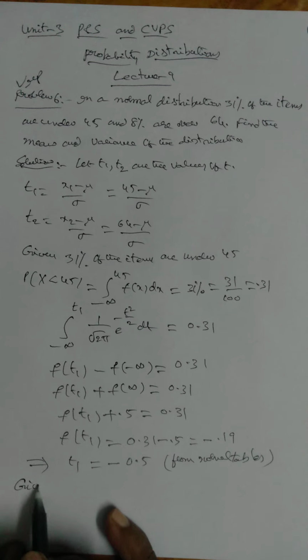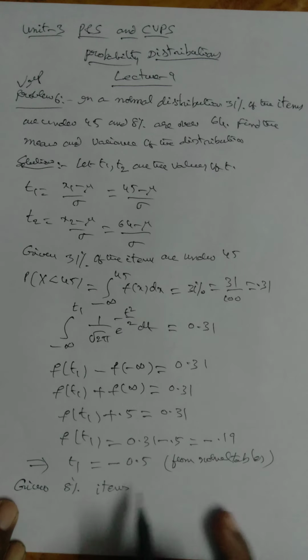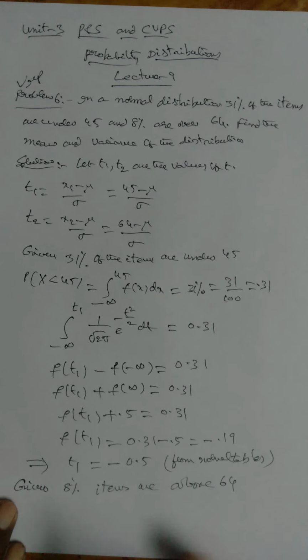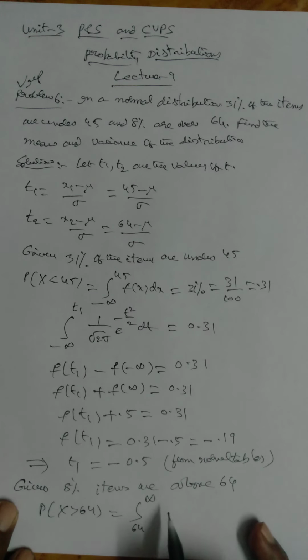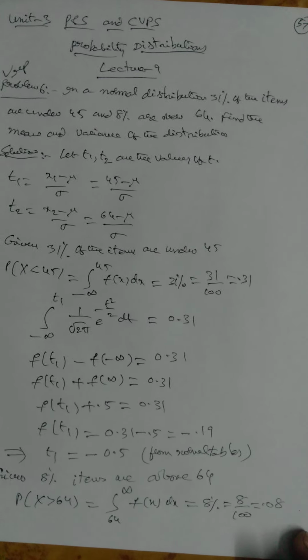Now given 8% of the items are above 64. So P(x greater than 64) is equal to the integral from 64 to infinity of f(x) dx, which is equal to 8%, 8 by 100, 0.08.